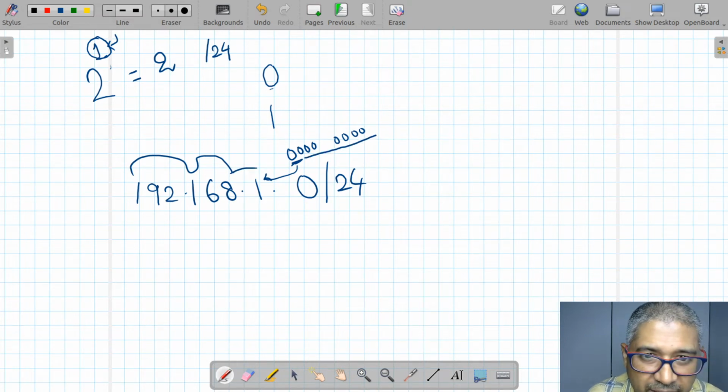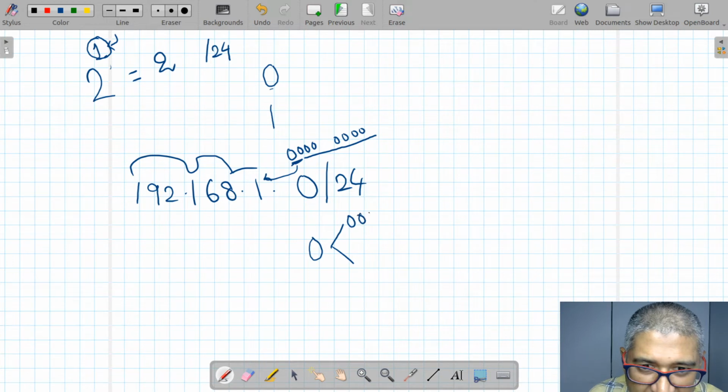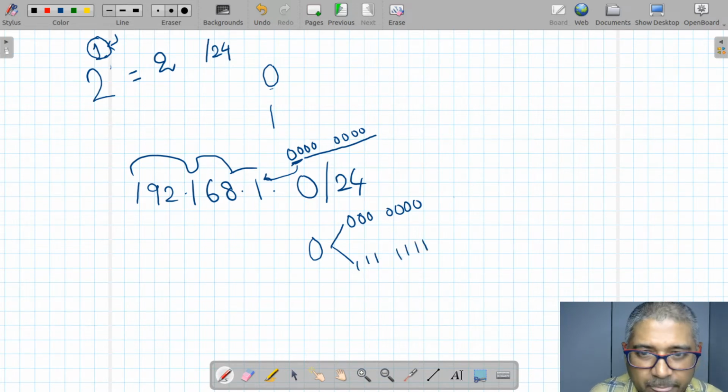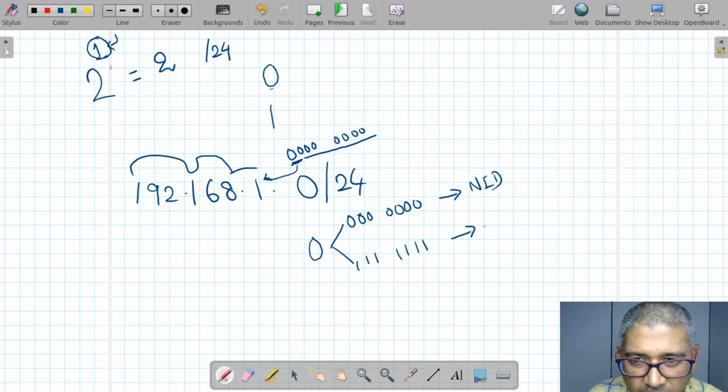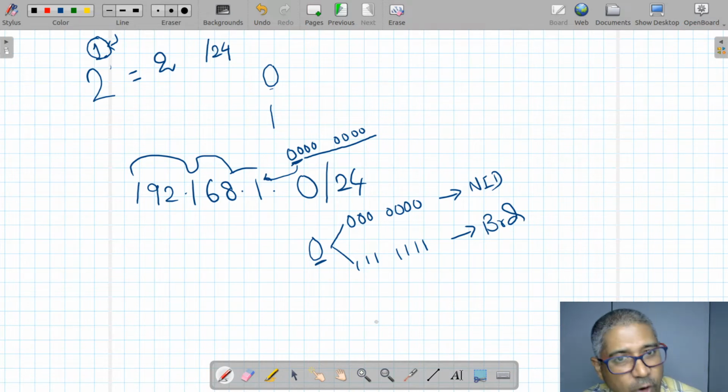The remaining is 7 bits. First, if you have 0, then there are two options for the remaining 7 bits: all zeros will give you the network ID, and all ones will give you the broadcast IP. And the first bit is 0. This is one option.